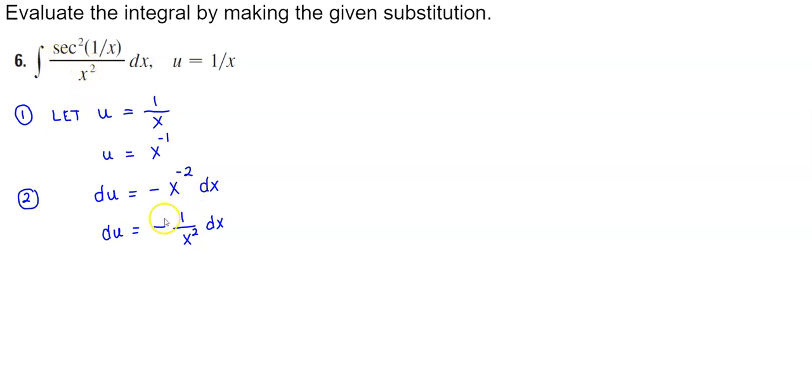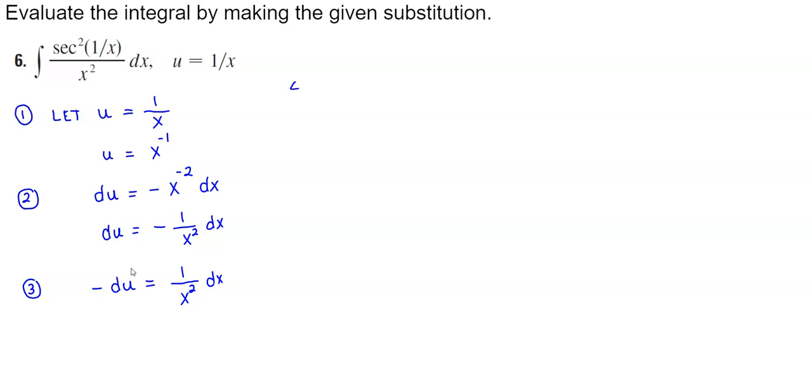There's no negative here. So we want 1 over x squared dx, but we need to multiply both sides by the negative. So negative du equals 1 over x squared dx.